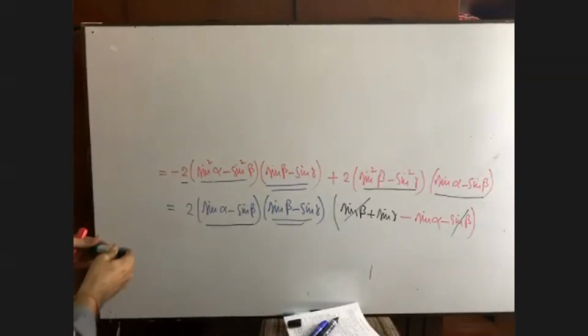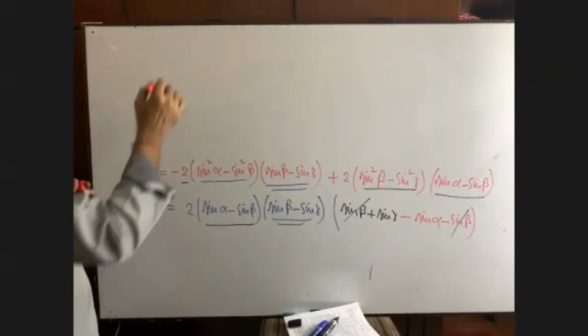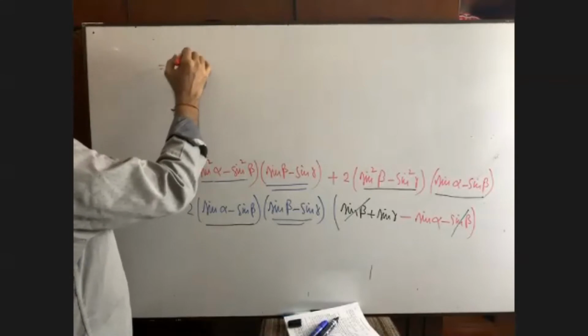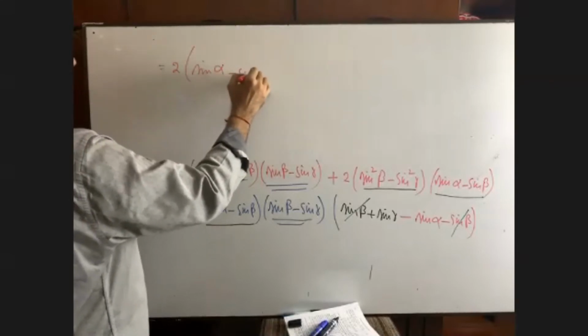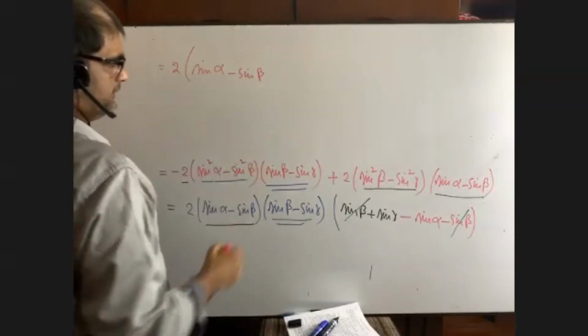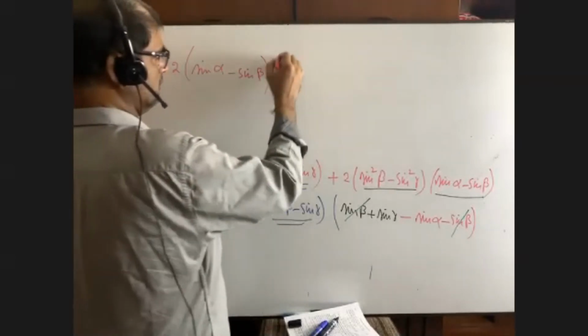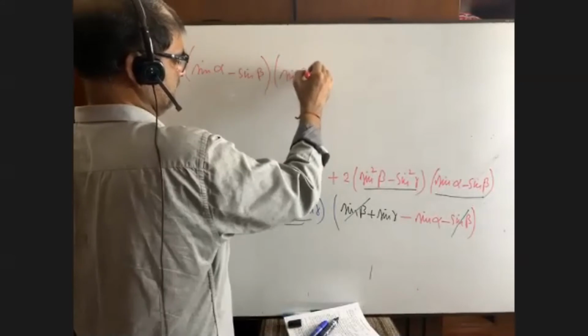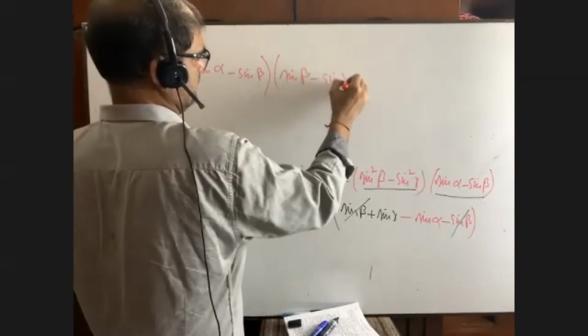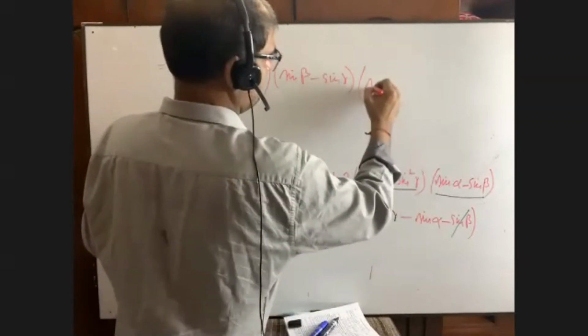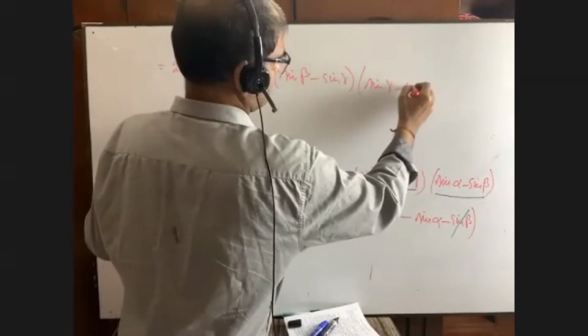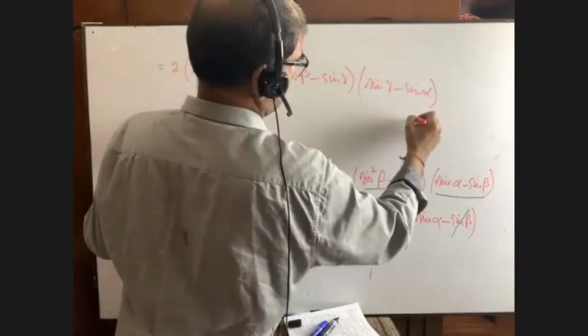That means we can write here 2 sin alpha minus sin beta into sin beta minus sin gamma into sin gamma minus sin alpha. Perhaps you have got me.